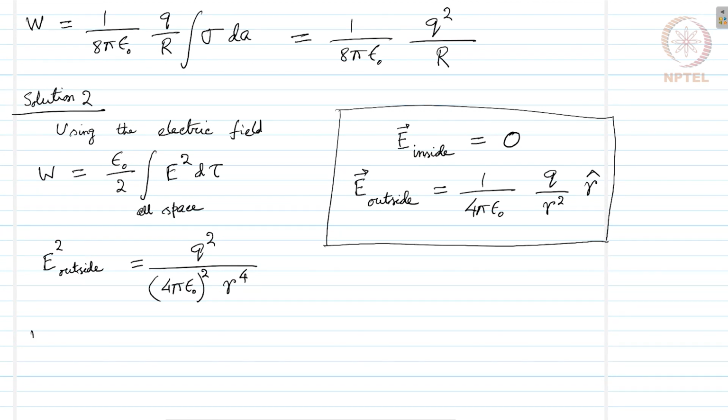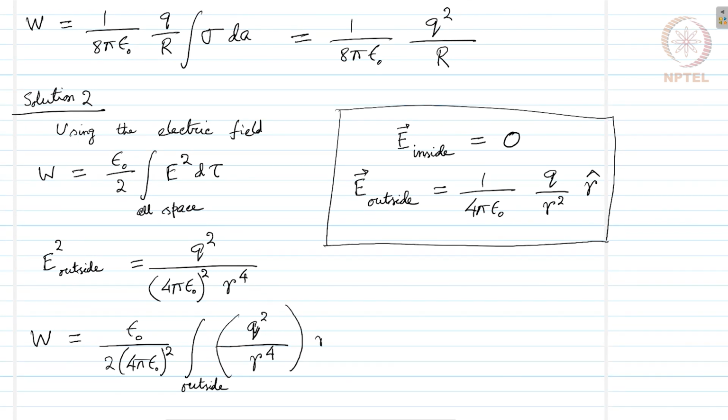Therefore, the work done can be written as epsilon naught over 2 times 4 pi epsilon naught squared, integration only outside, because inside the electric field is 0, so the integral will also give us 0, q squared over R power 4, and the volume element in spherical coordinate system R squared sin theta dr d theta d phi.